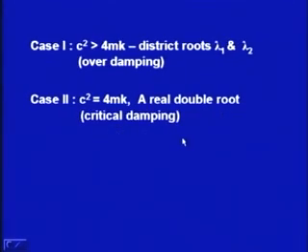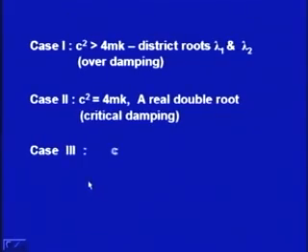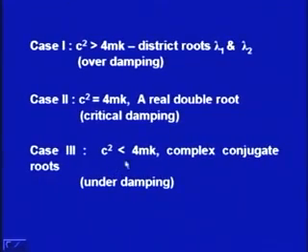This is called critical damping. We will learn why we call them these terms. And the third case, when c square is less than 4mk, beta would be imaginary, and that gives complex conjugate roots. This we would call under damping. Let us discuss the solution in each case one by one.